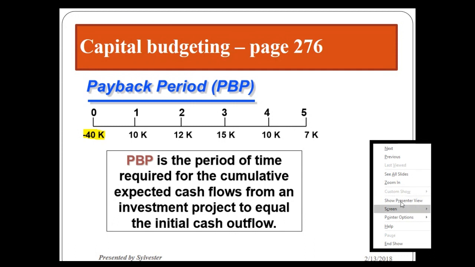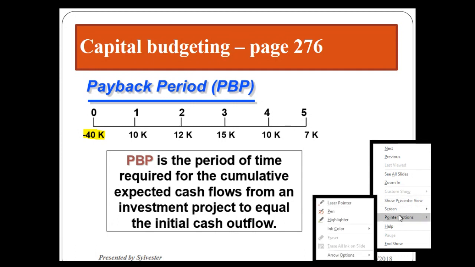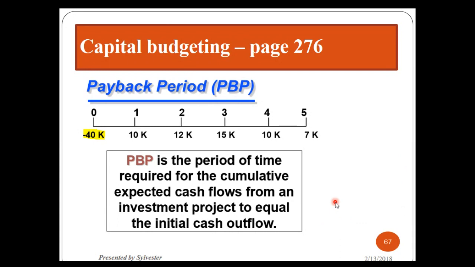So at year 0, at the beginning, we invested 40,000. As you can see, this is an outflow. During year 1, we made 10,000, year 2, 12,000, year 3, 15,000, year 4, 10,000, year 5, 7,000. Okay, so we want to check how long it takes us to cover this 40,000.